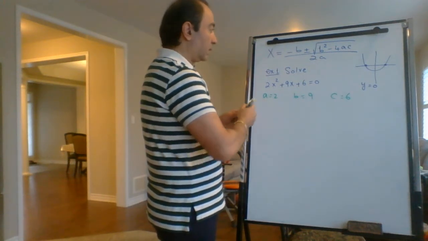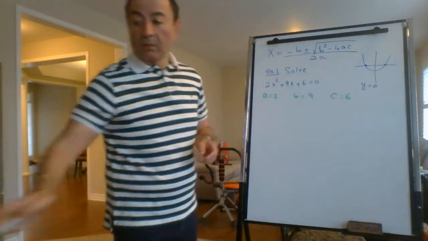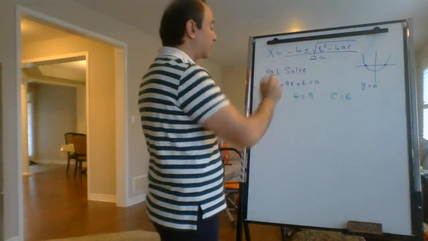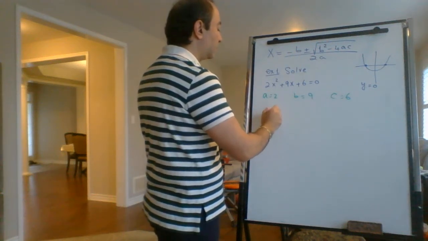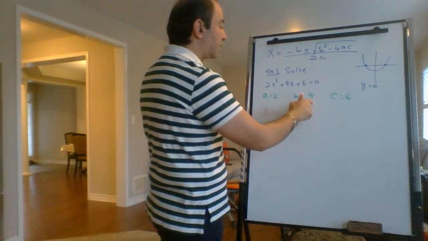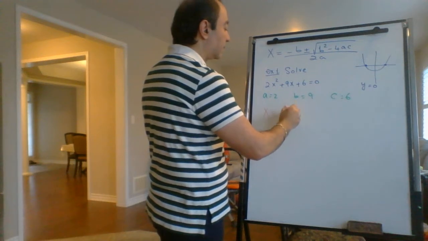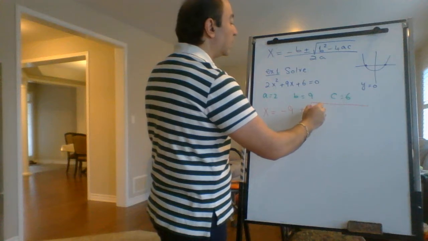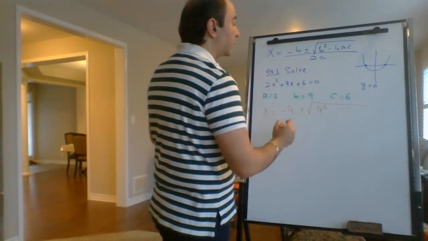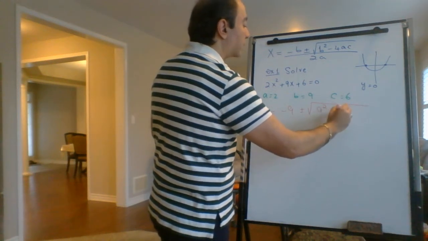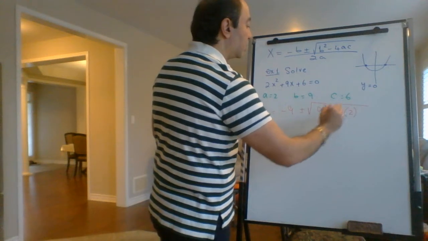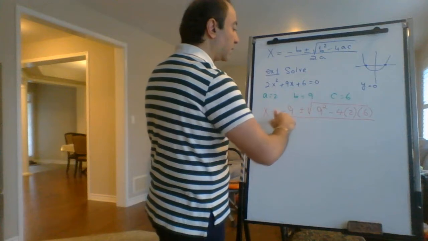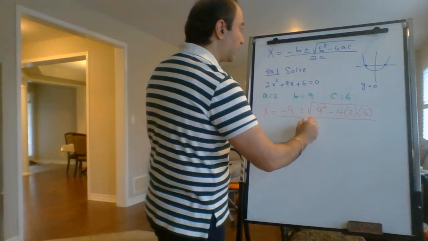Then I will substitute for a, b, and c in the quadratic formula. x equals minus b, so minus 9, plus or minus the square root of b squared, so 9 squared, minus 4 times a, which is 2, times c. Everything, we don't forget, we are dividing by 2 times a, which is 2.